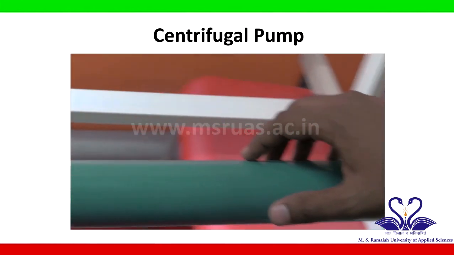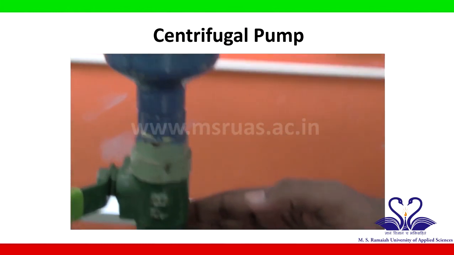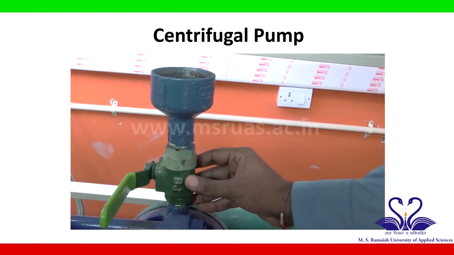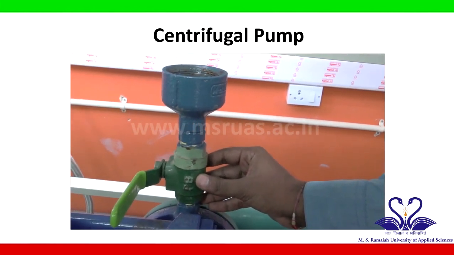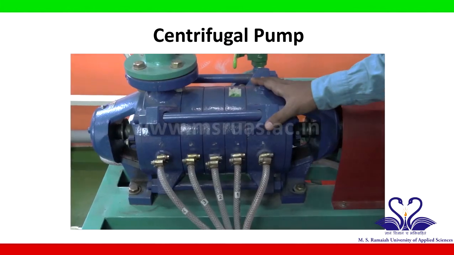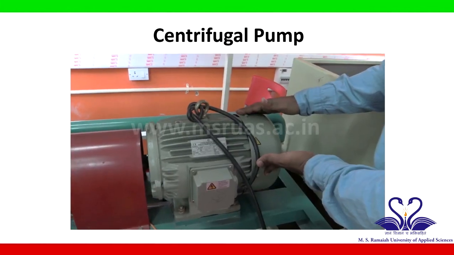From the suction line we have a priming valve. Using this we can prime the pump casing and the suction line completely with water. This is the pump which is being driven by a 5.5 kilowatt electric motor.